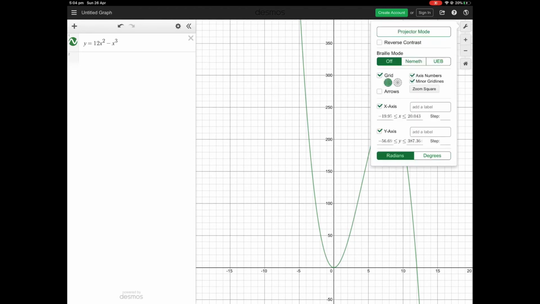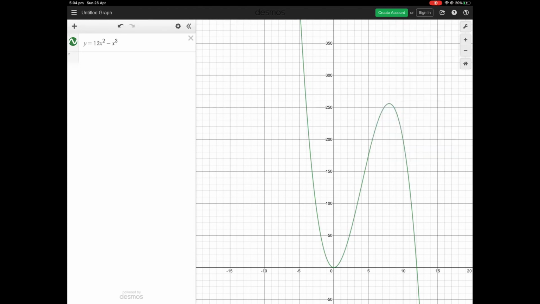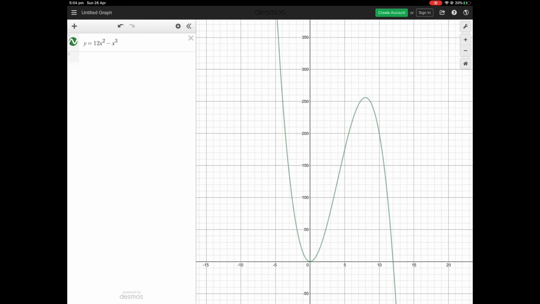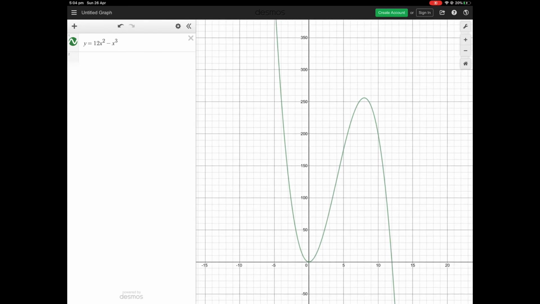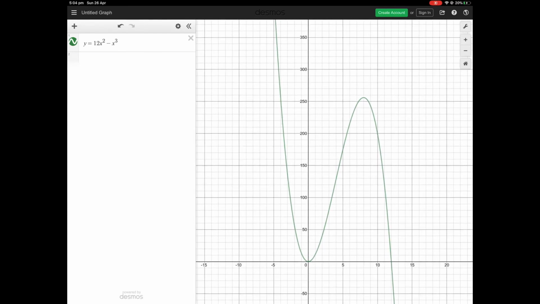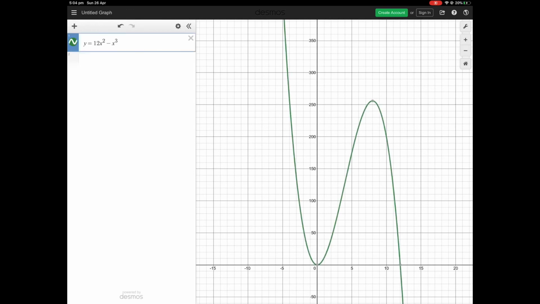So you'll see here that at 0, 0, we've got a happy face turning point, whereas at 8, 256, we've got a sad face turning point. The happy face is the concave up, whereas the concave down is the sad face.